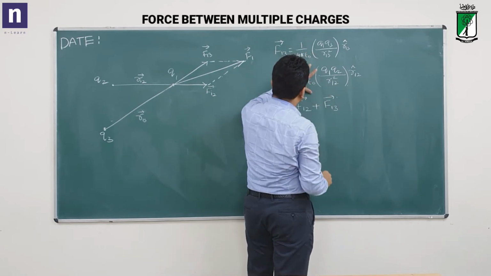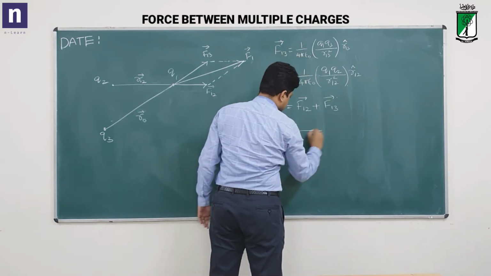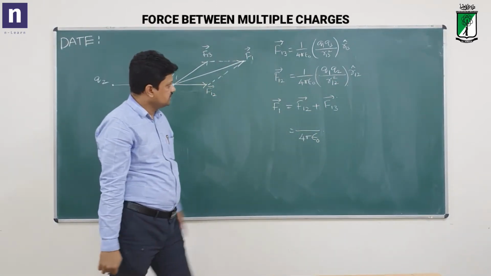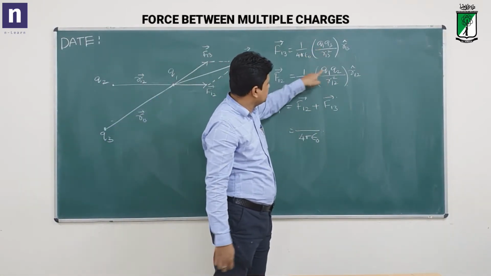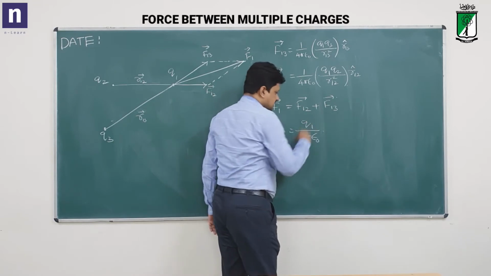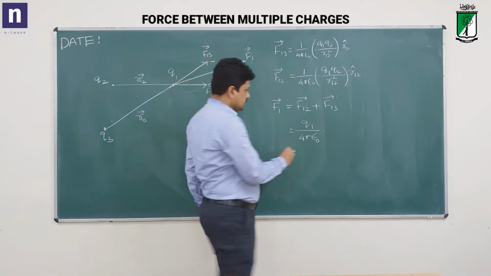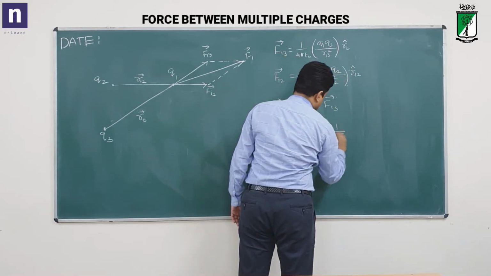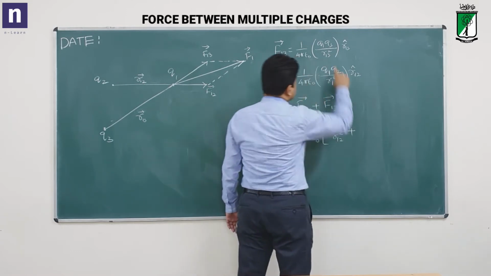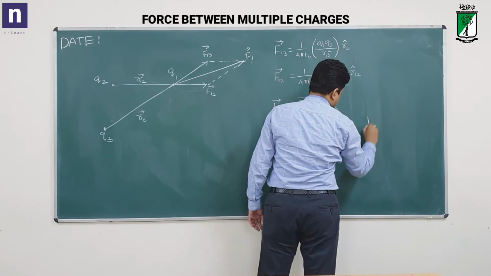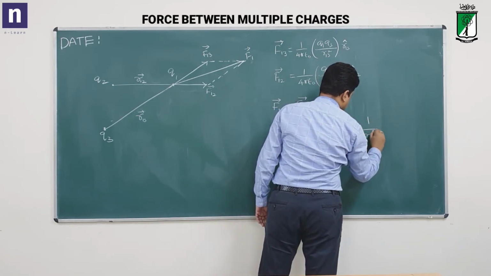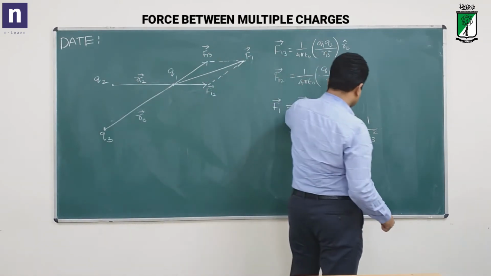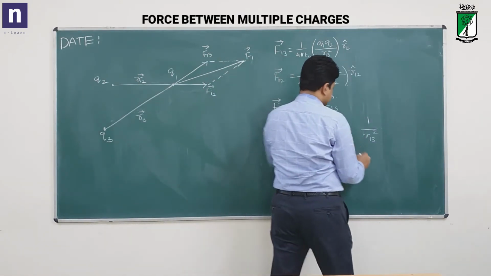When you look at it, 1 by 4 pi epsilon naught is common, and also Q1 is common. That is the charge on which you are finding the force. Then what is left out here? 1 by R12 square R12 cap plus 1 divided by R13 square R13 cap. But there are unit vectors, so let me just write the unit vector here.